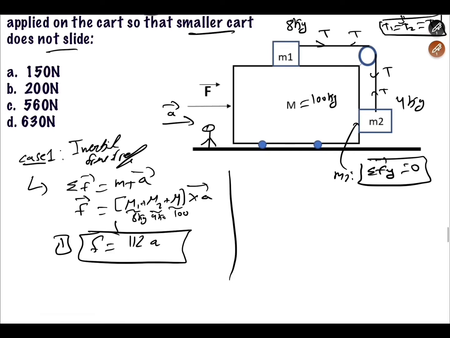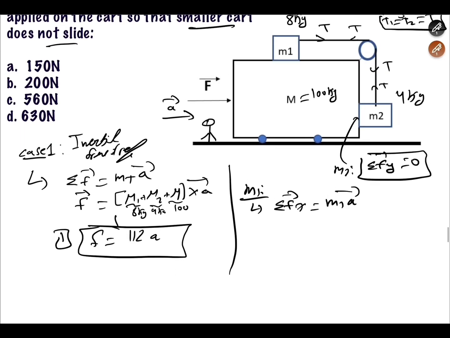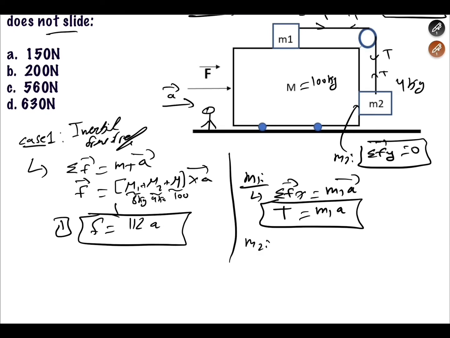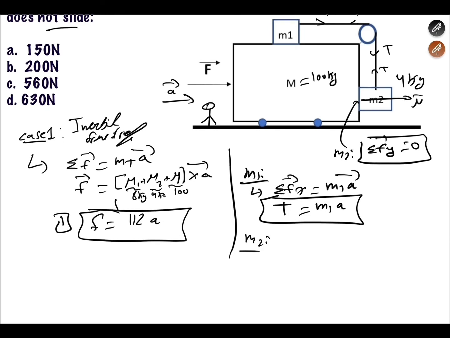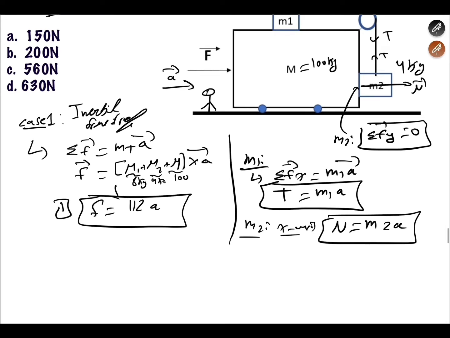So for M1, summation of forces along the x-axis equal to M1 multiplied by a. The only force is tension, so T equal to M1a. On M2, we have a normal force along the x-axis, N equal to M2a, but along the y-axis, we have a tension equal to M2g.